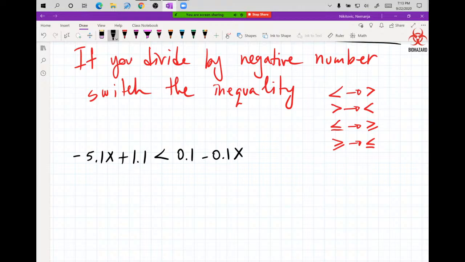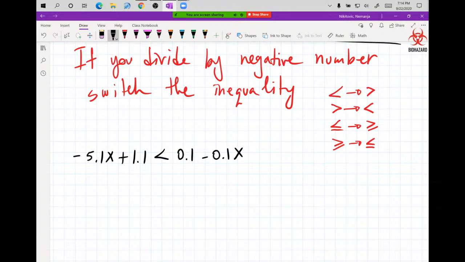Fractions are so much better, but you know what? Look at this. Each one of these numbers has exactly one decimal. If you multiply the entire problem by 10, all of the decimals are gone. That's the perk of equations and inequalities.